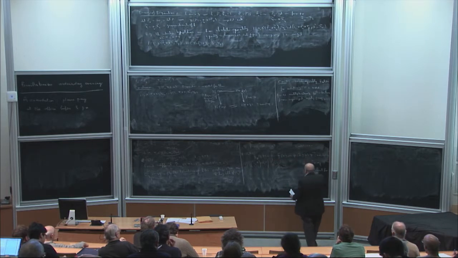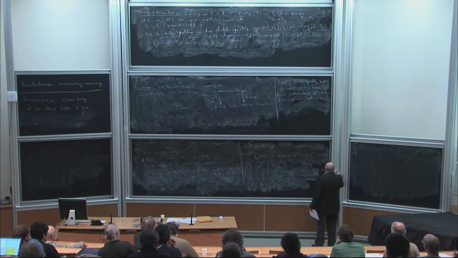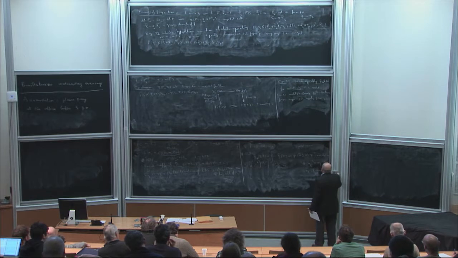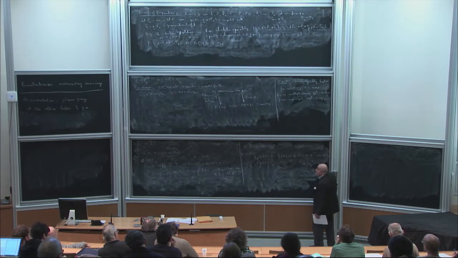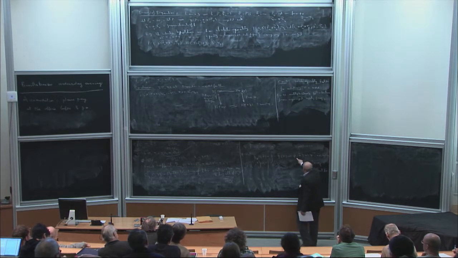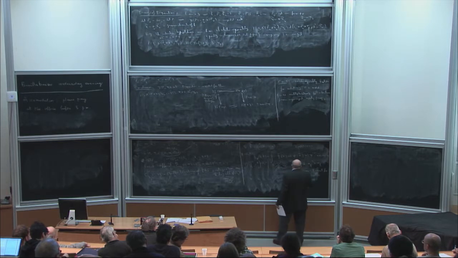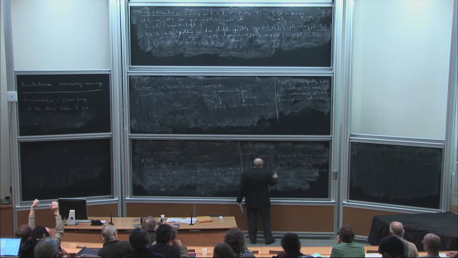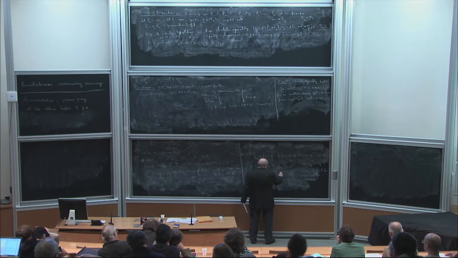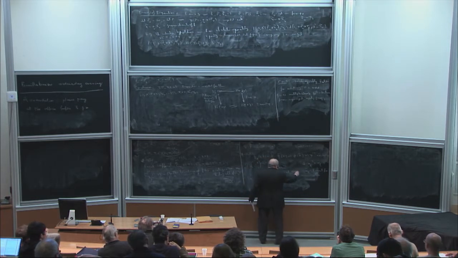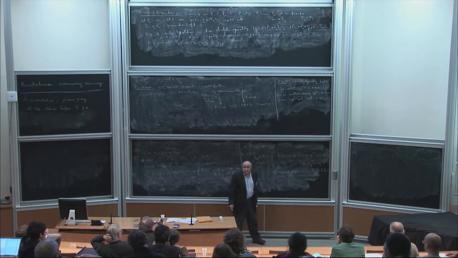Now, unfortunately, we have to deal with this. Phi is a function of compact support. I'm going to put it in a compact support on N, unipotent radical.